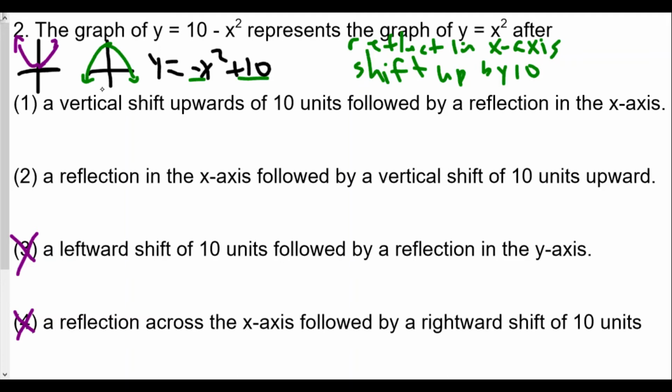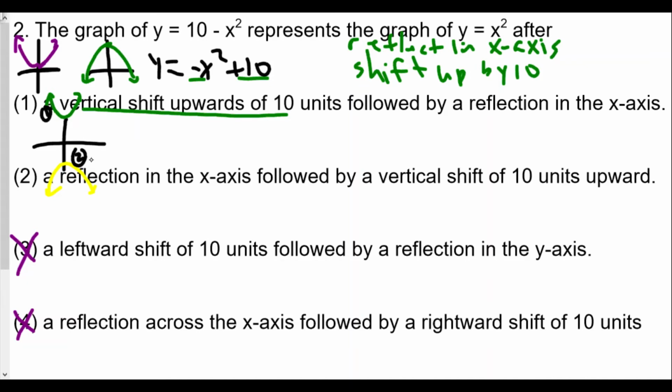Well, if I took the purple graph and first did a vertical shift up by 10 units, then it'd be up here, and then reflect over the x-axis, then it'd be down here. So this would be step 1, and that's step 2.